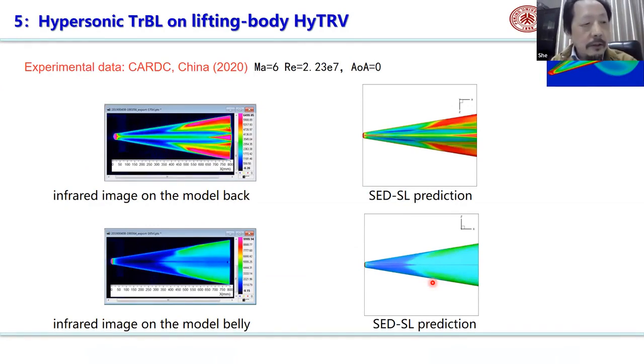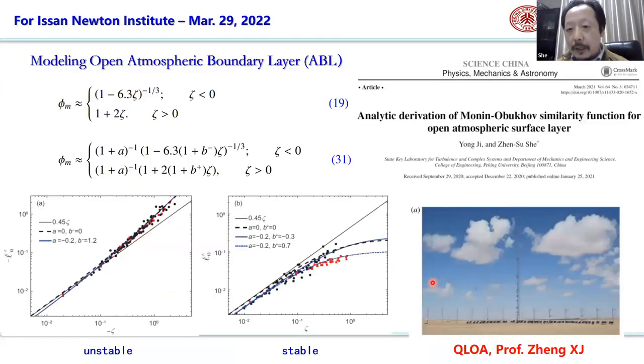Now it can simulate a wide variety of flows. And from my last slides, I'd like to tell you that the theory can also be used to derive an analytic formula for the Monin-Obukhov similarity function for the open atmospheric surface layer. And I think the talk following me is going to talk about this.